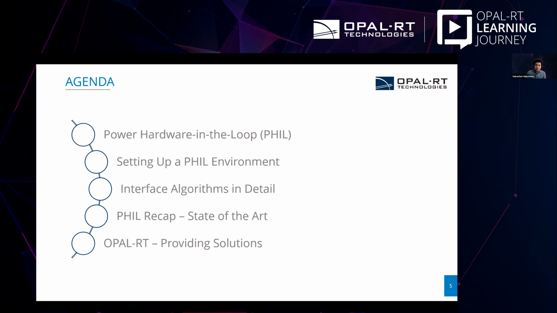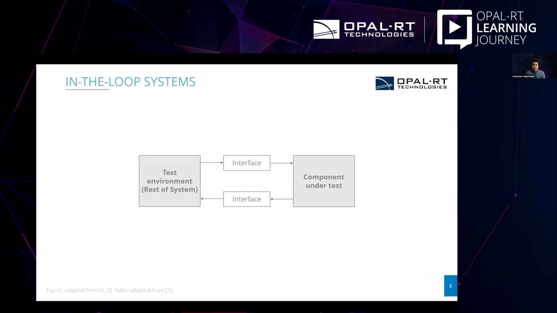So, let's begin with PHIL. Well, what is an in-the-loop system? I think in general, we can state that in-the-loop systems are generic test environments for some type of component under test, depicted on the right here. This component could be some kind of hardware or software device that is being interconnected via some interface with the test environment. This test environment actually is a replication of the natural environment of the component.